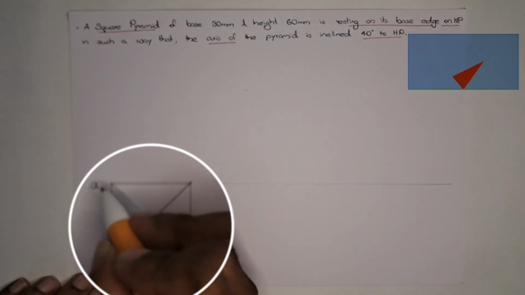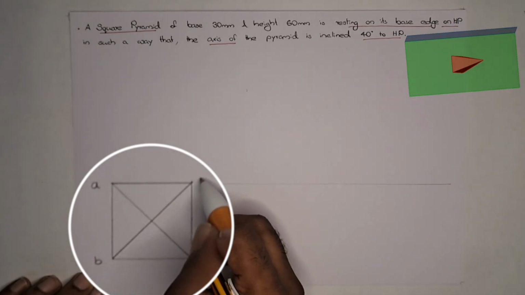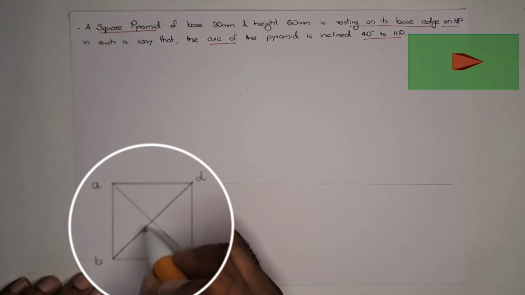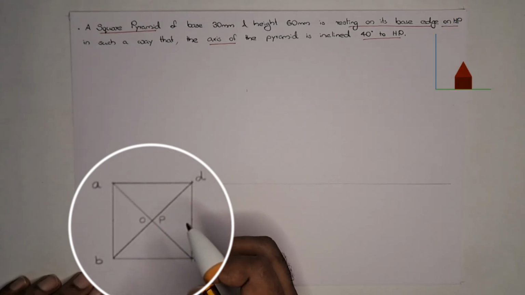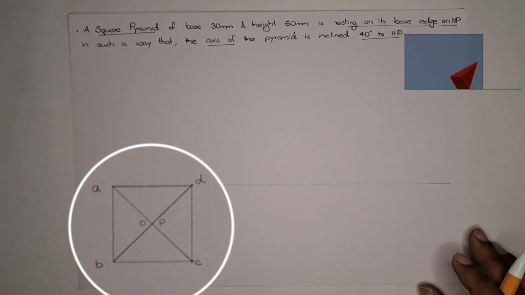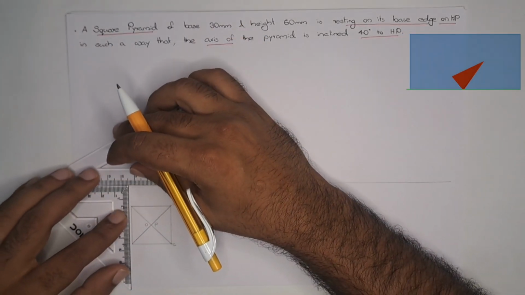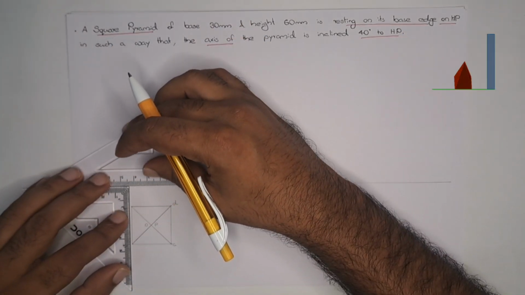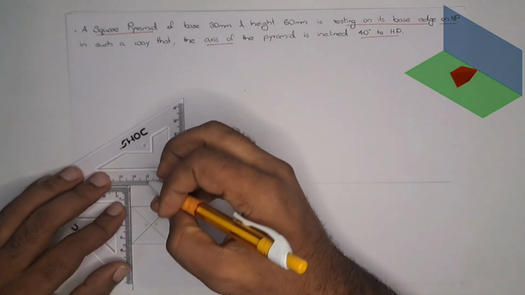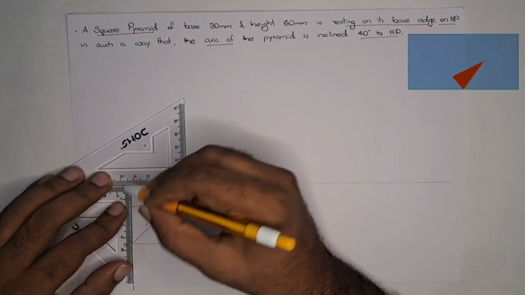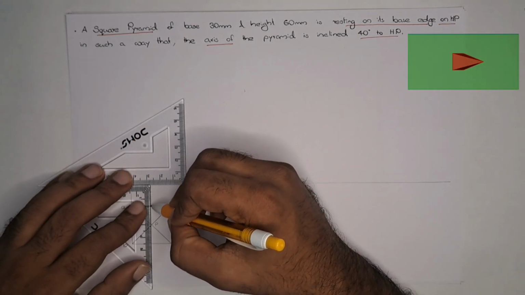Here it is A, B, C, D, and here this O and P. We check the perpendicular. This is the axis line.